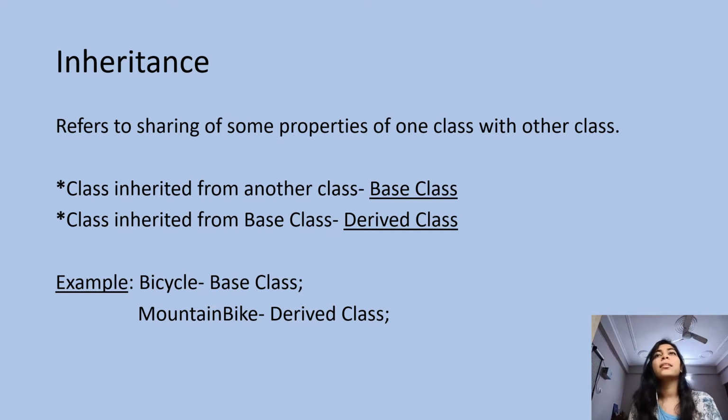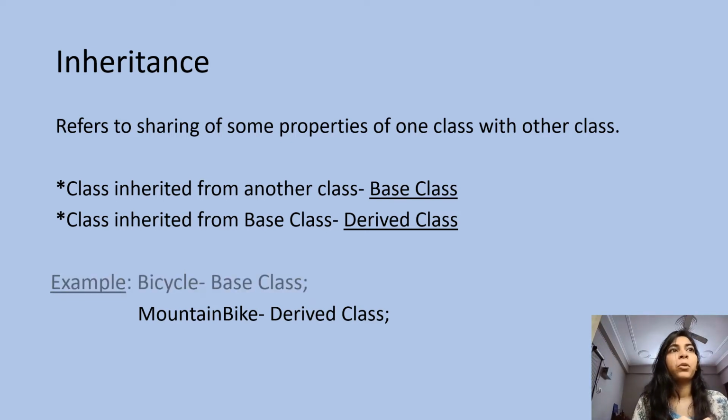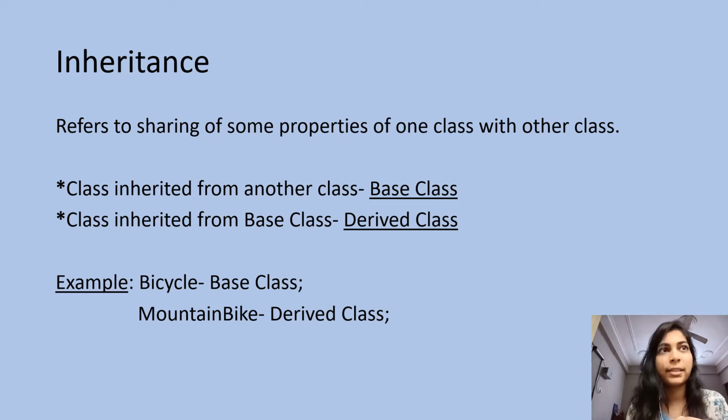And the class that inherits the other class is known as a derived class, also known as subclass, extended class, or child class, right? The subclass or the derived class can add its own fields and methods in addition to the superclass fields and methods.